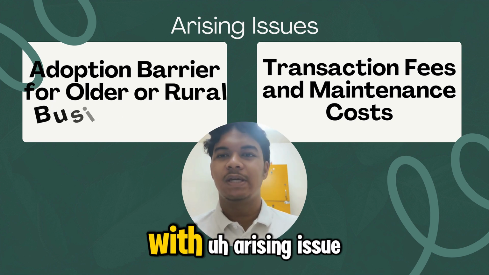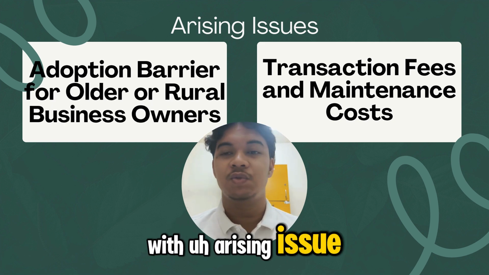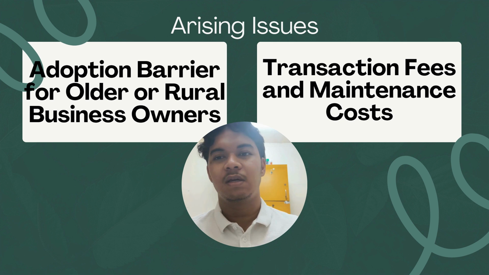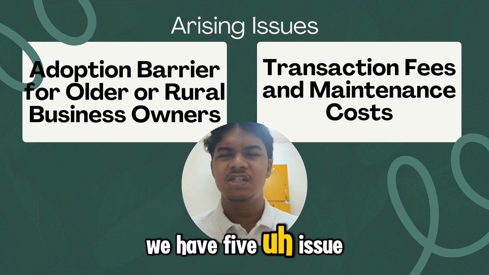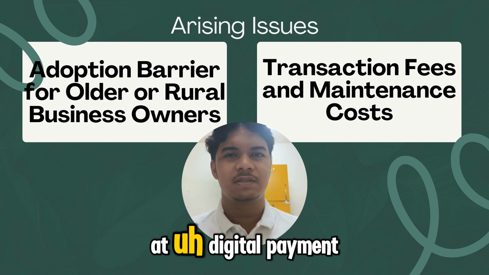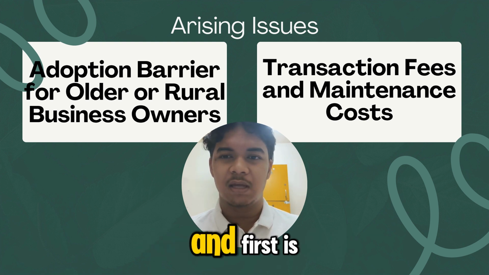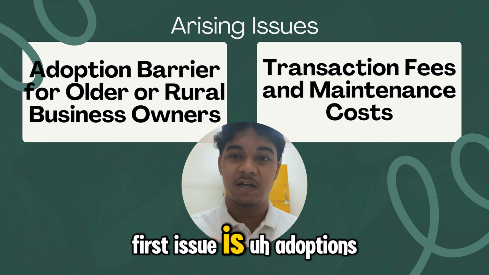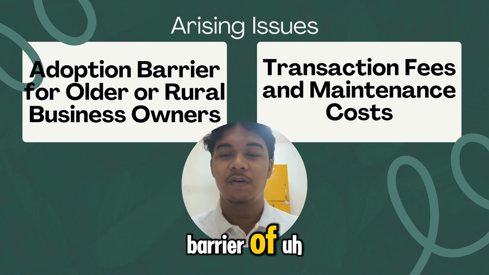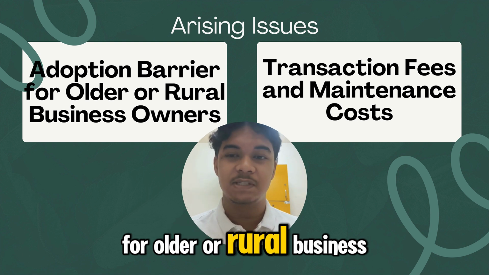First of all, we go with rising issues. We have five issues with digital payment, and the first issue is adoption barriers for older or rural business owners.